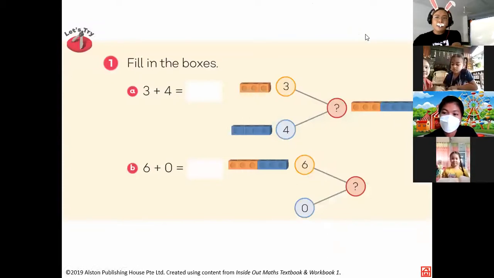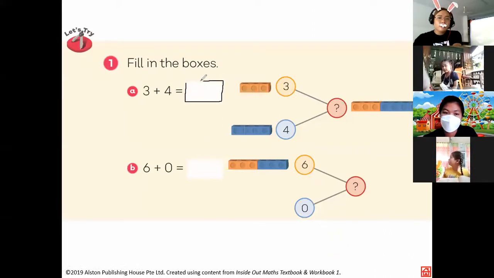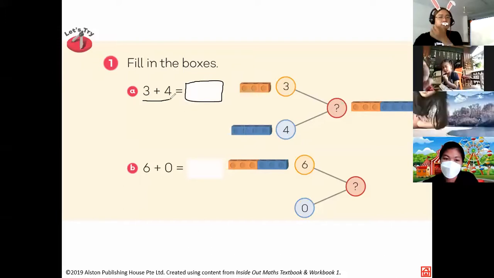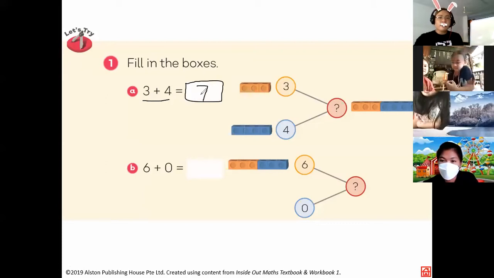Now let's try to answer this one. Fill in the boxes. So letter A, 3 plus 4 is equals to 7. Okay, so you're right.